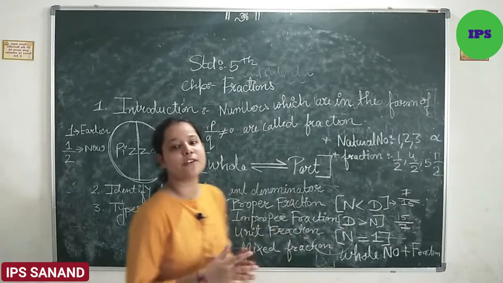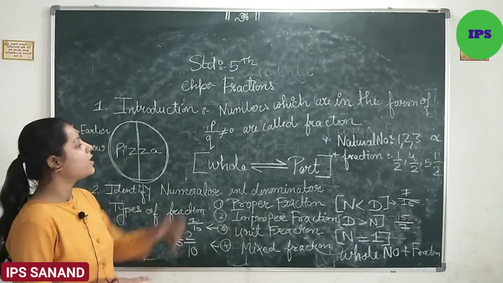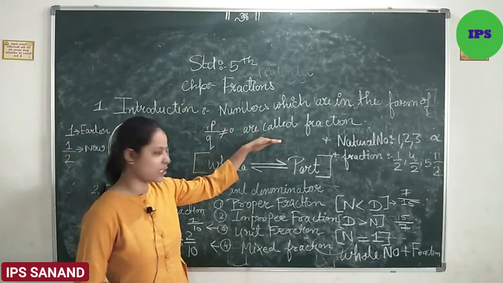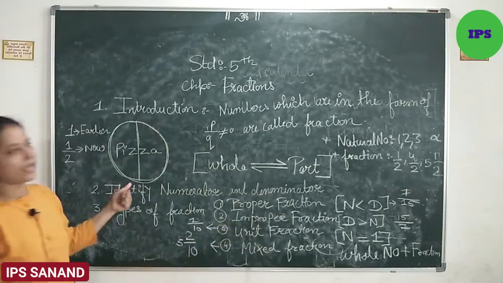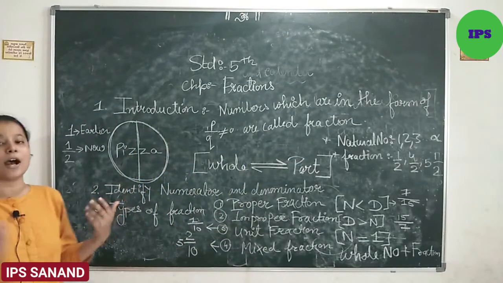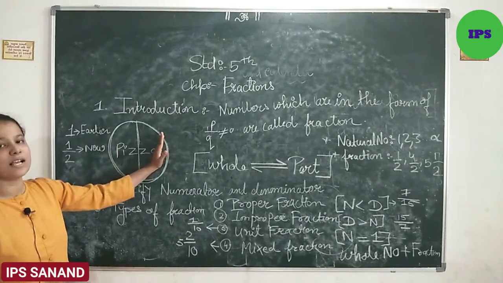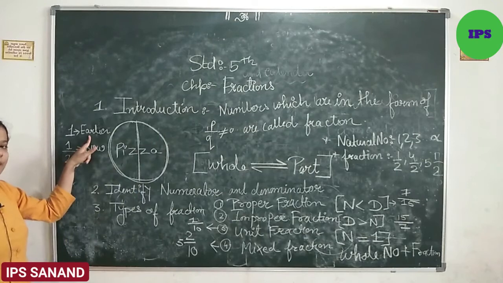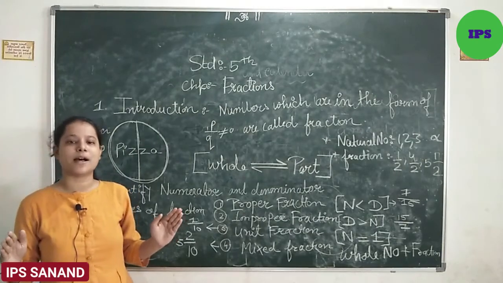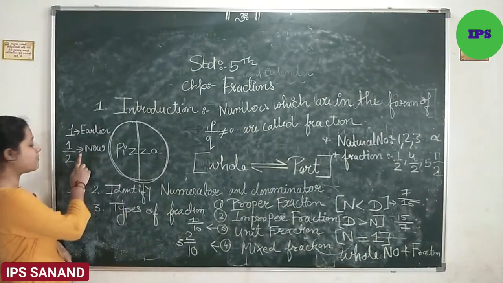So in this video we have studied the definitions of fractions, the pizza example in which you can describe how fractions are different from whole numbers. Here I have one pizza, so one was my whole, and when I divided it into two parts it became half. So 1 by half.